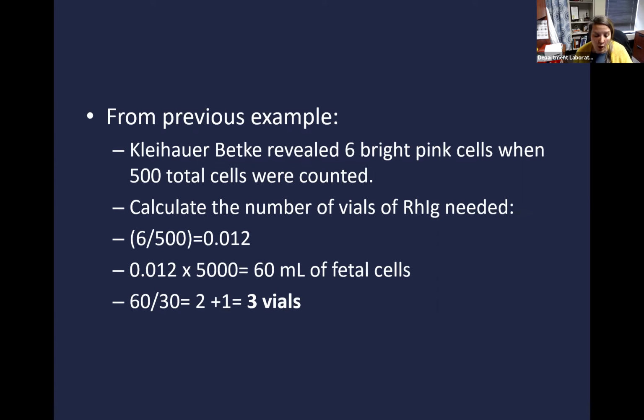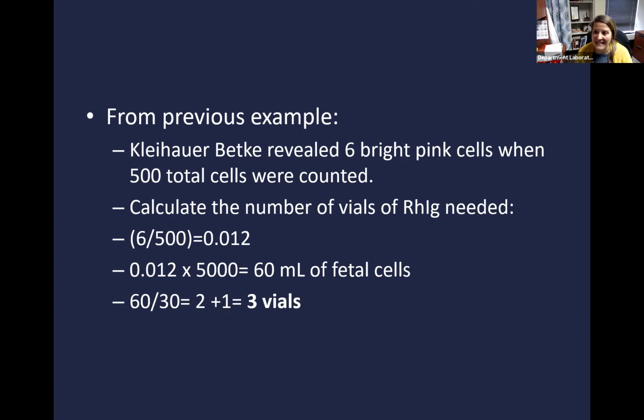So remember, those bright pink cells, those are your fetal cells. That's your hemoglobin F. And remember, during the acid treatment of the Kleihauer-Betke, the hemoglobin F is resistant to that acid treatment. So normal adult hemoglobin A is precipitated out, leaving the ghost cells, and hemoglobin F remains the bright pink cells, okay?